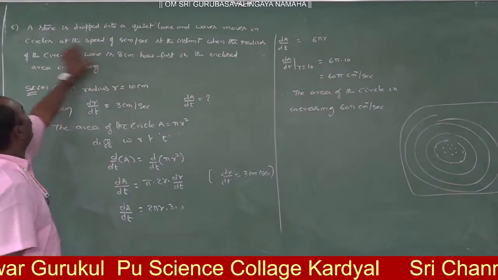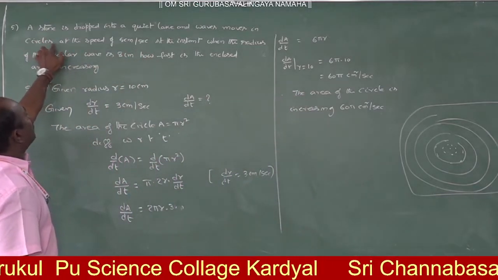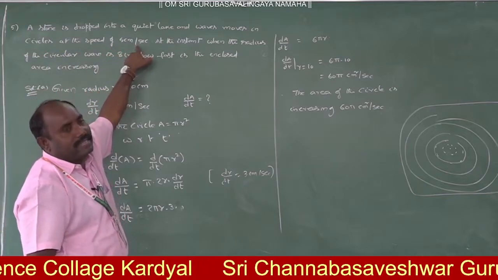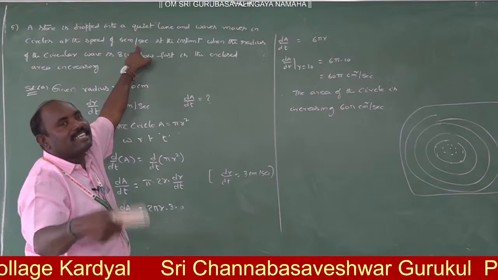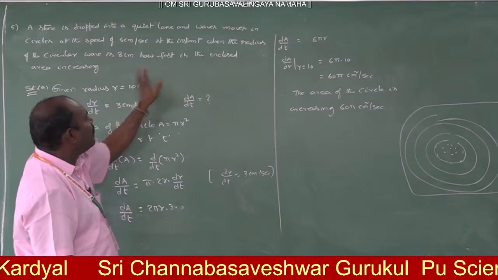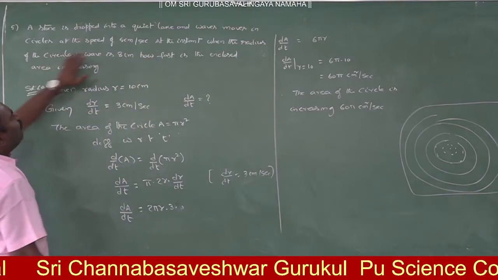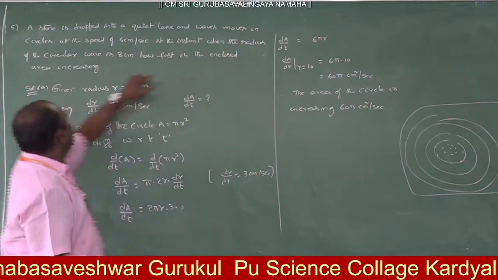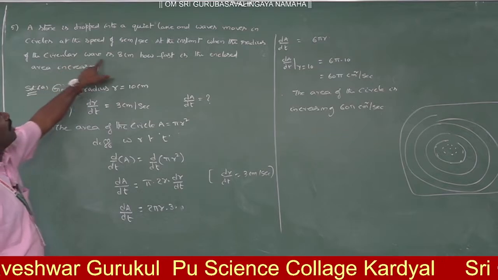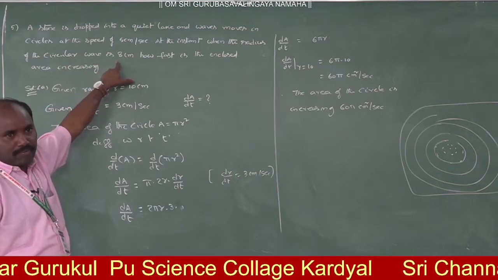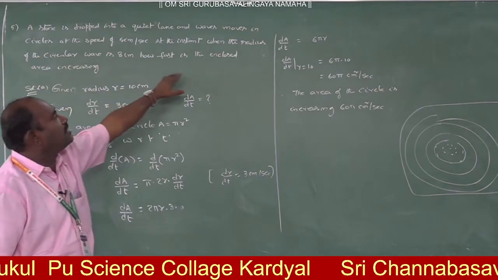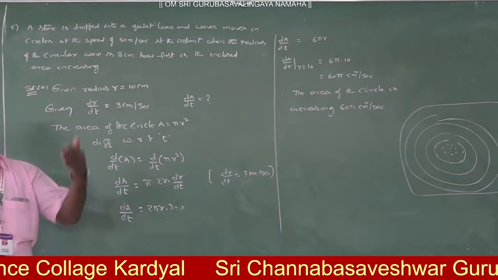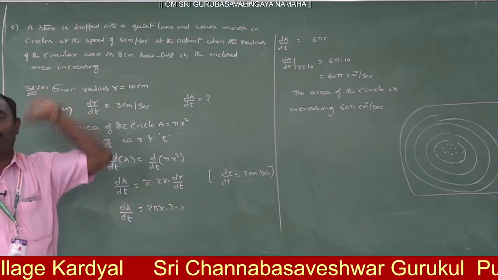Quiet lake and waves move in circles at the speed of 5 centimeter per second. That means the radius changes, dr by dt. How fast, at the instant when the radius of the circular wave is 8 centimeters, is the enclosed area increasing? dA by dt find out करना.